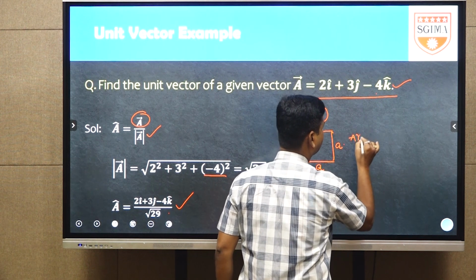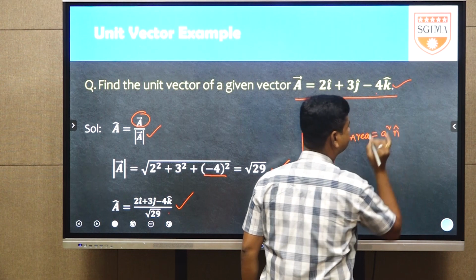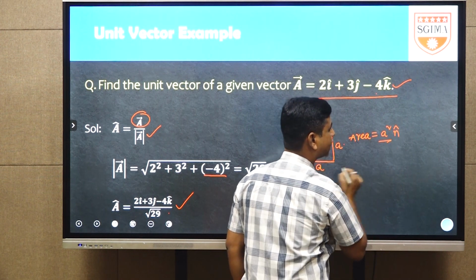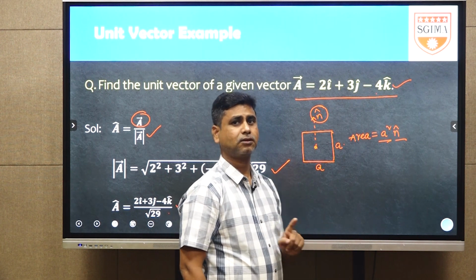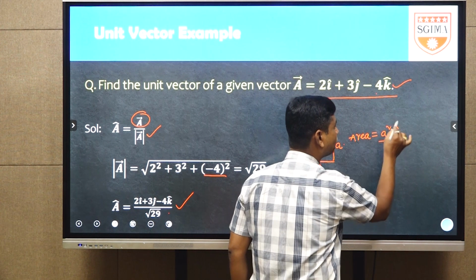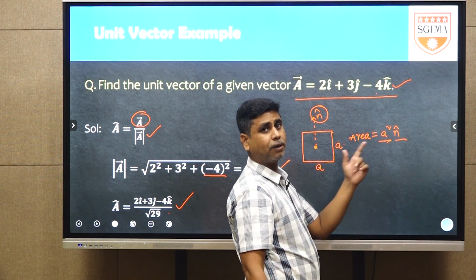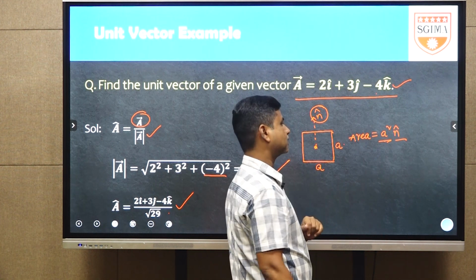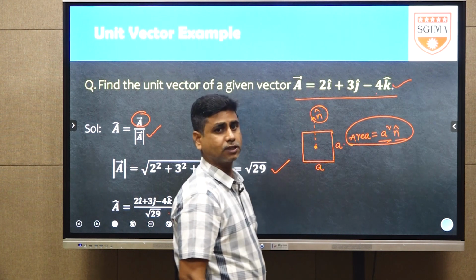Since a square is multiplied with the unit vector, there is no change in its magnitude, but additionally it gets the direction. That is why area is a vector quantity.